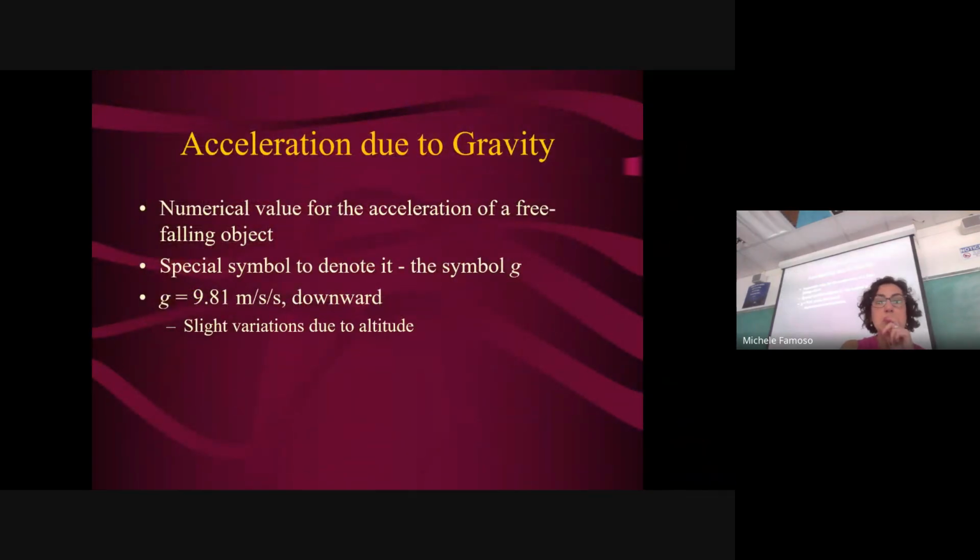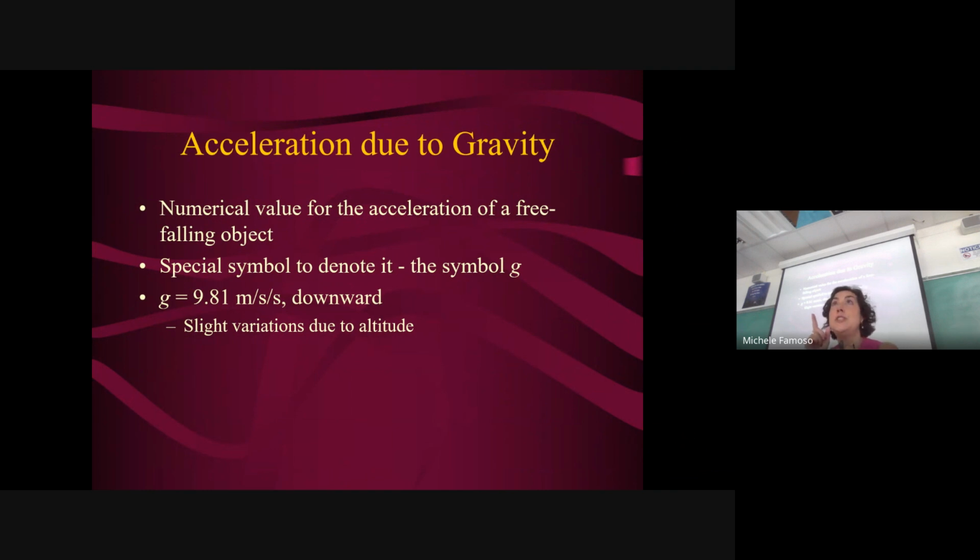Now, to be honest about this, that 9.81 is just a number that New York State has said this is what we're going to use for your Regents. We do see slight variations in this number based on your altitude around the Earth, meaning how high or low, above or below sea level you are. Here in Albany, we're just a little bit above sea level. So our value is pretty close to that 9.81.